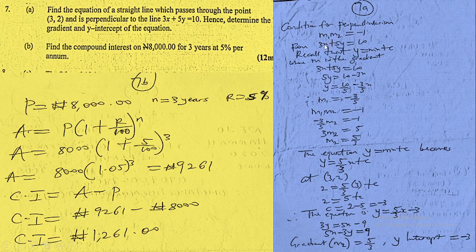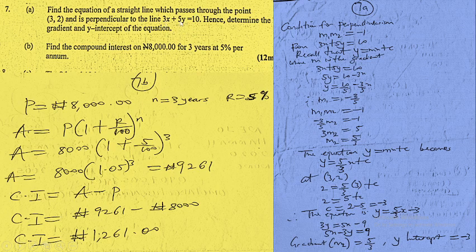Let me quickly tell you the overall reason why we are doing that. Don't forget that the equation of a straight line is a linear equation, and it is going to take this template. Our aim is to find the equation which resembles this. From the second equation here, you can find the gradient.